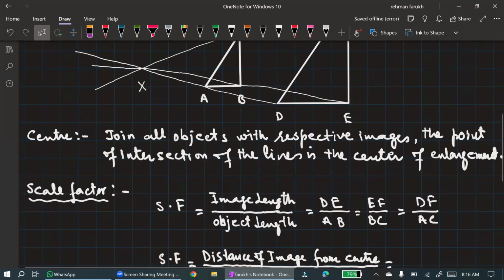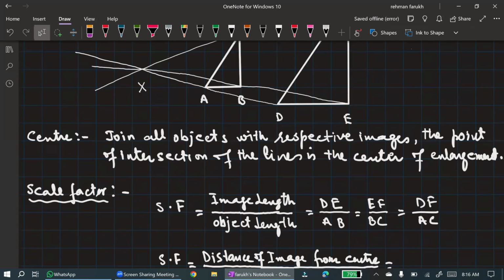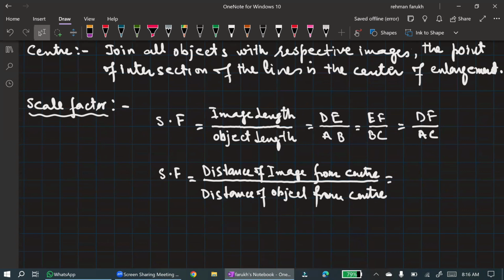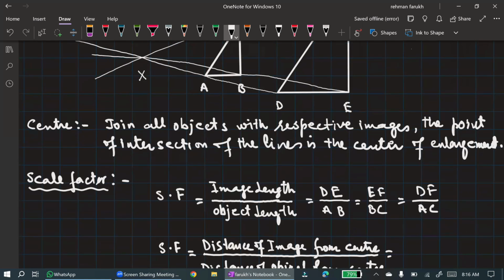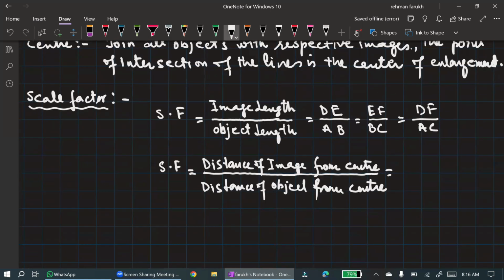The distance of D from the center is DX. The distance of the respective object A from the center is AX. So we can find the scale factor with the help of DX over AX.